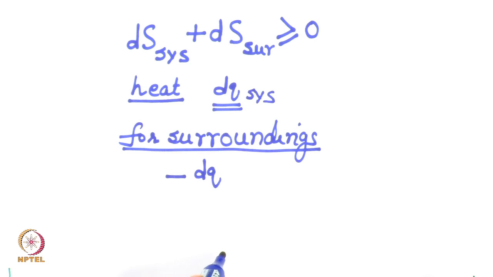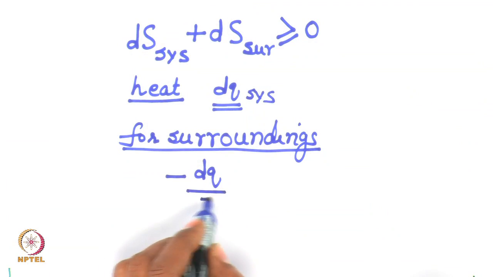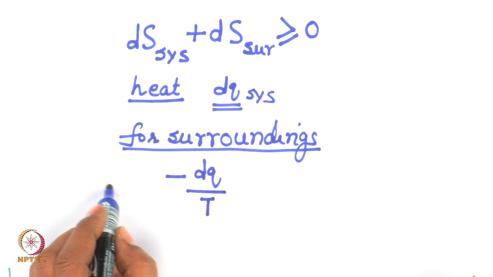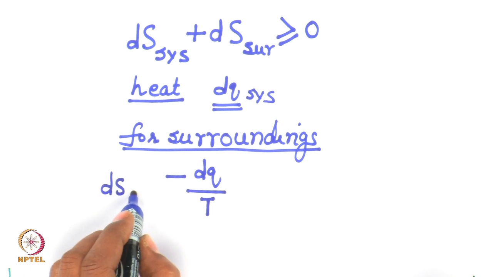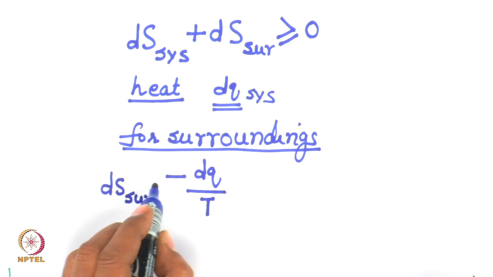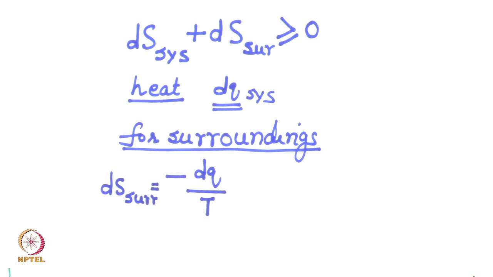And let us recall the discussion of the previous lecture. The heat change in the surroundings divided by the temperature is equal to the entropy change in the surroundings. Now, let us take a look at the slide.